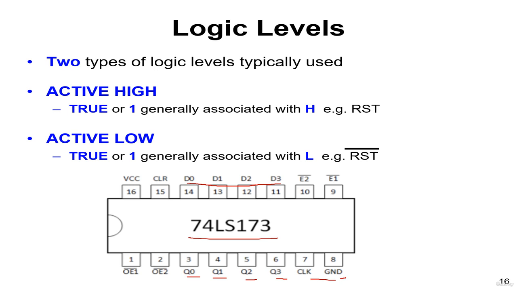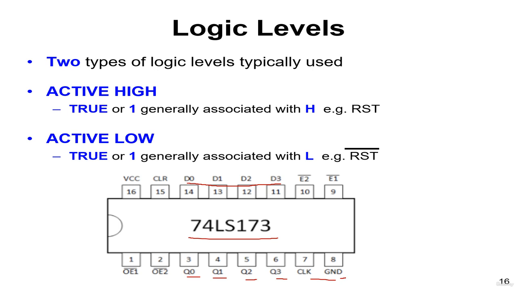Such signals would be indicated by a positive or active high logic. So if you provide 5 volts to them, they will perform their functionality. If you provide 0 volts to them, they won't perform their functionality. So the 1 is indicated by presence of a 5 volt signal, a 0 is indicated by the absence of a 5 volt signal.